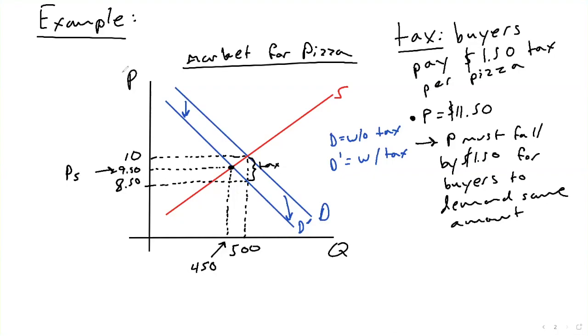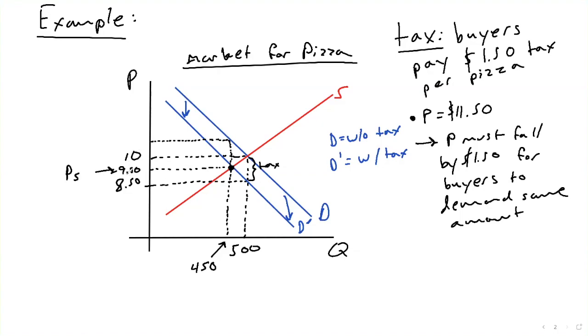However, the buyer does not pay this price because remember we have the tax. And so the point that represents what the buyer pays, you go from this new equilibrium point up to the old demand curve and then over to the y-axis.